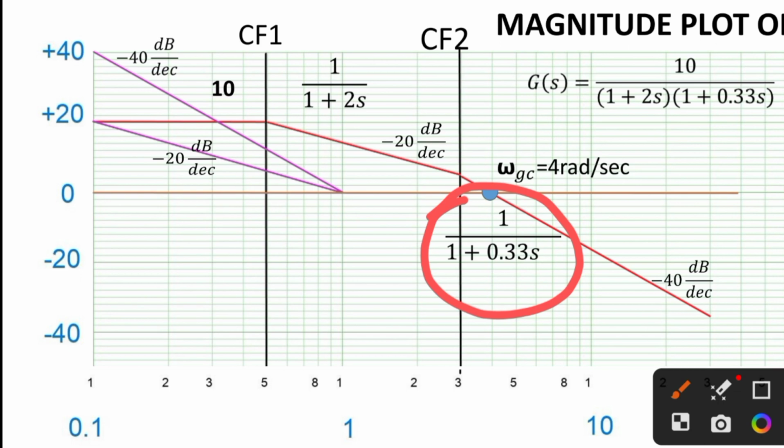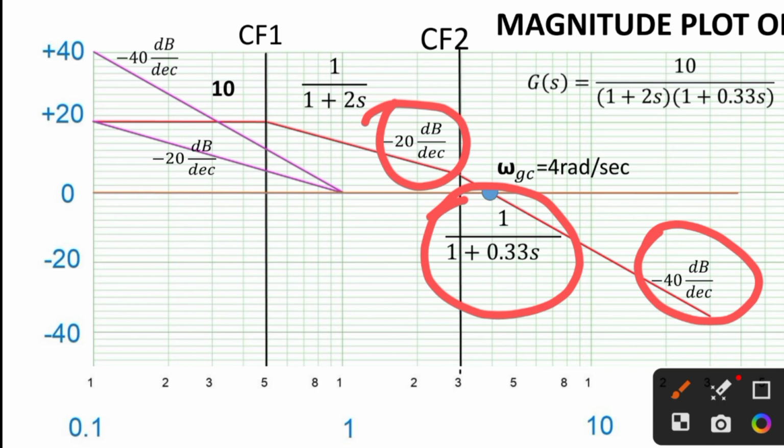This term contributes only minus 20 dB per decade. This minus 20 dB per decade is added with the previous slope, which is also minus 20 dB per decade. So we get minus 40 dB per decade as the resultant slope.